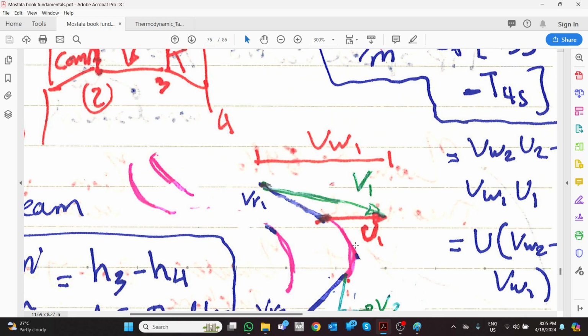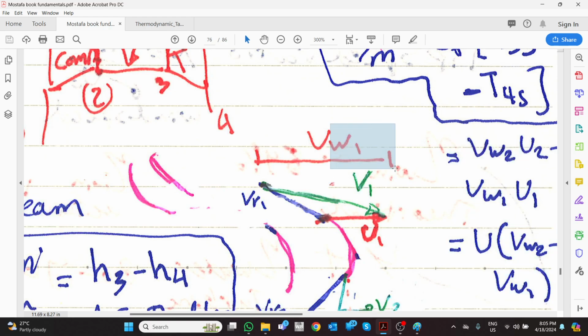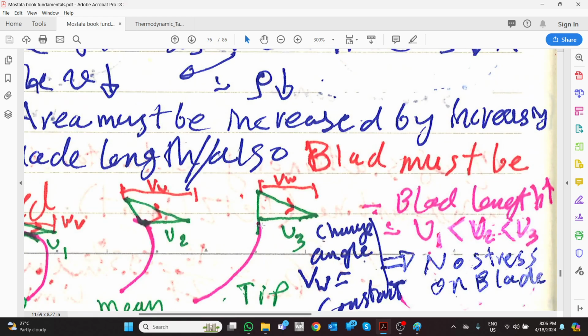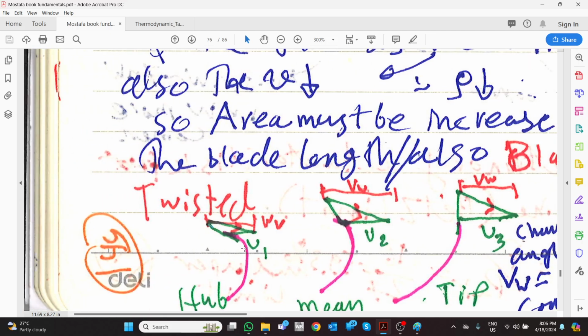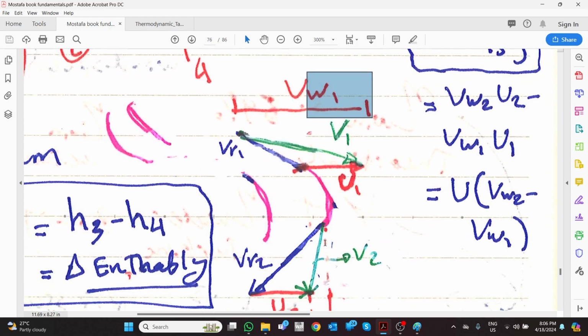If the angle of the blade here is like this, the whirling velocity will be just from here to here. But because I know at the tip it is actually like this, it is required to twist the blade at the hub and keep it normal at the top.